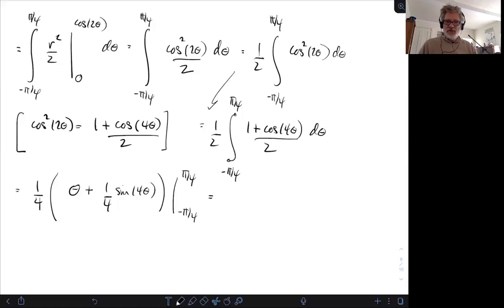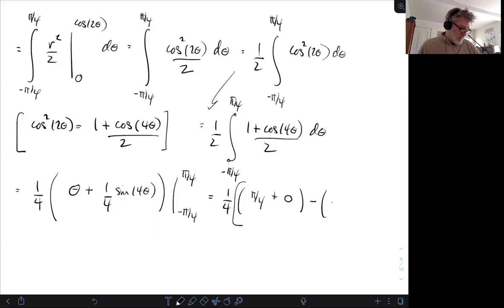Okay, so far so good? Yep, all right. Let's just substitute in here. So 1/4 of pi over 4 plus, well, sine of 4 times pi over 4 is sine of pi, which is 0, and the same for the minus, so that's just gone.